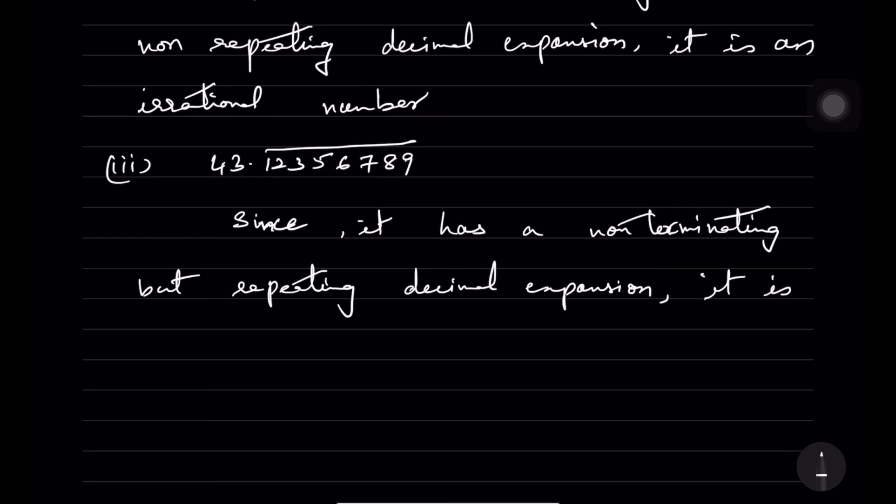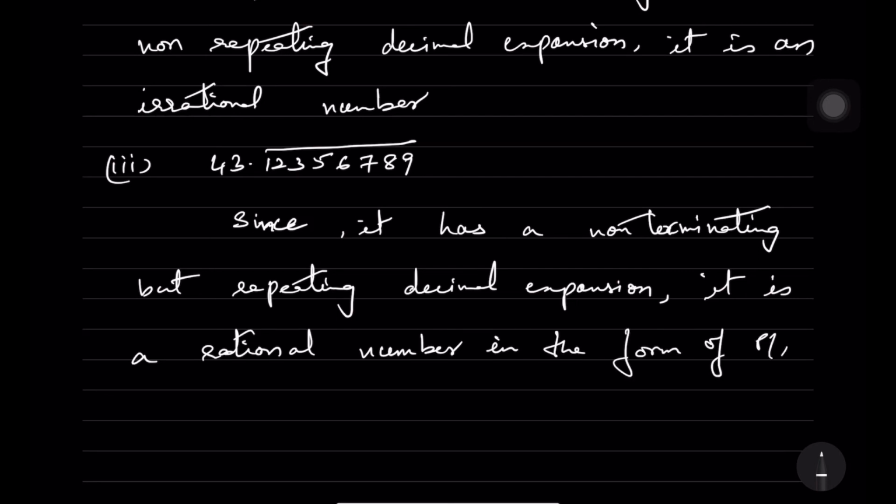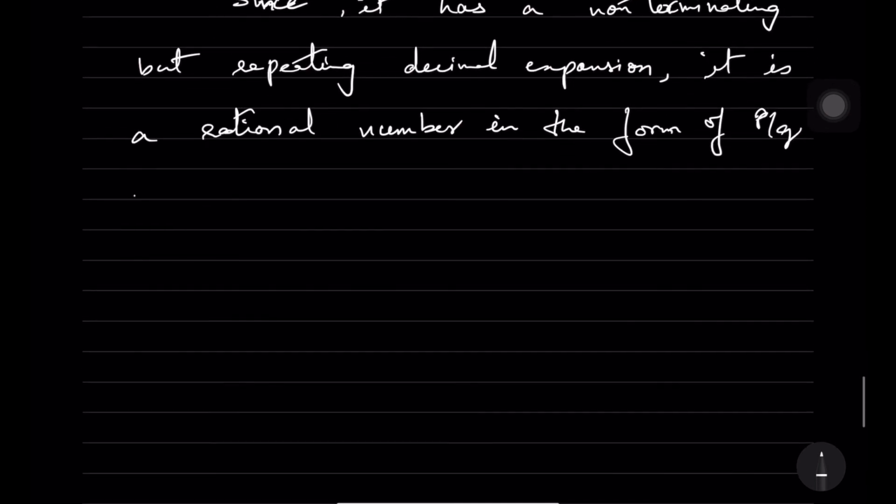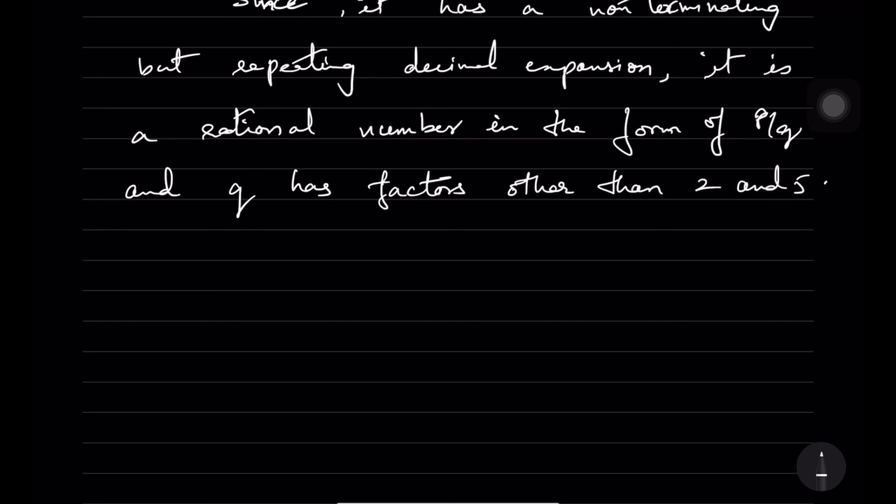It is a rational number in the form of p by q, and q has factors other than 2 and 5.